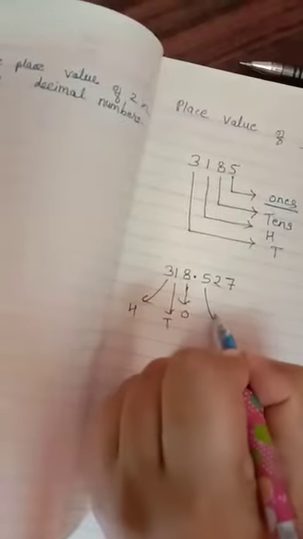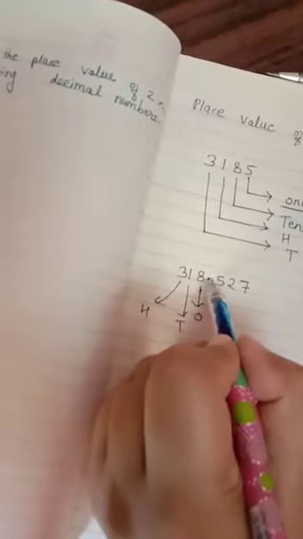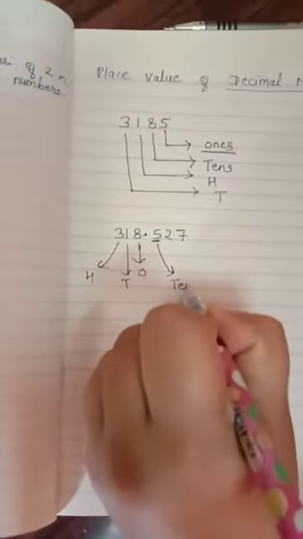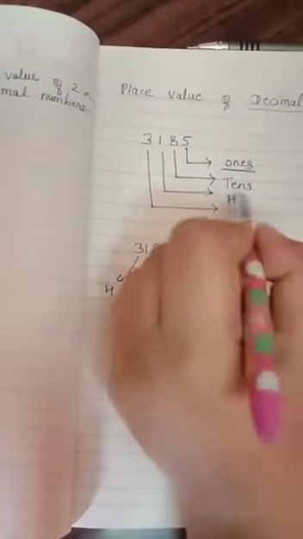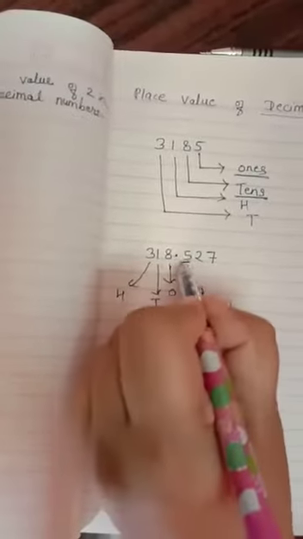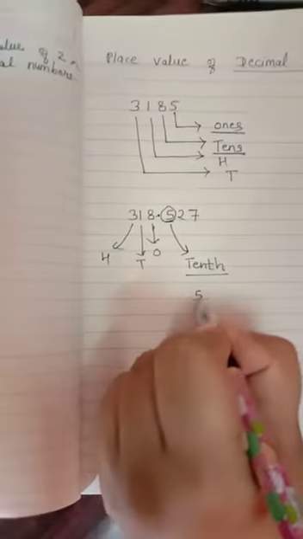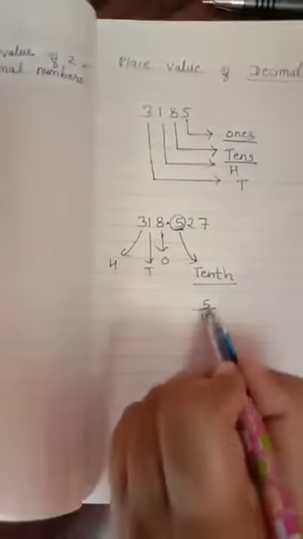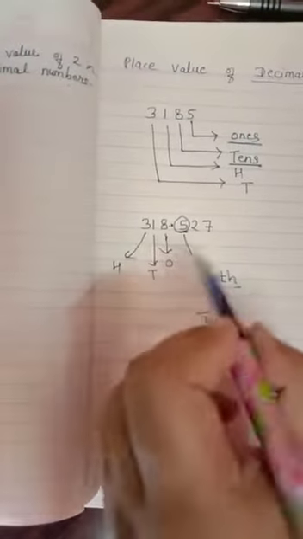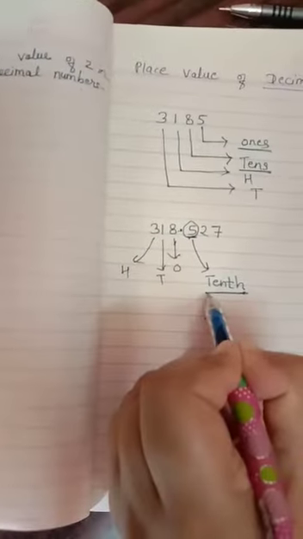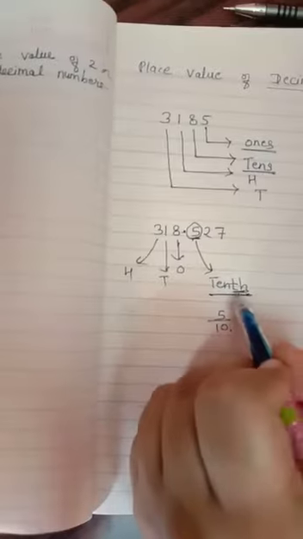The first digit after the point is 5, so the place value of this 5 is tenths. The value of this 5 is 5 upon 10. Understood? The place value of this 5 is tenths.